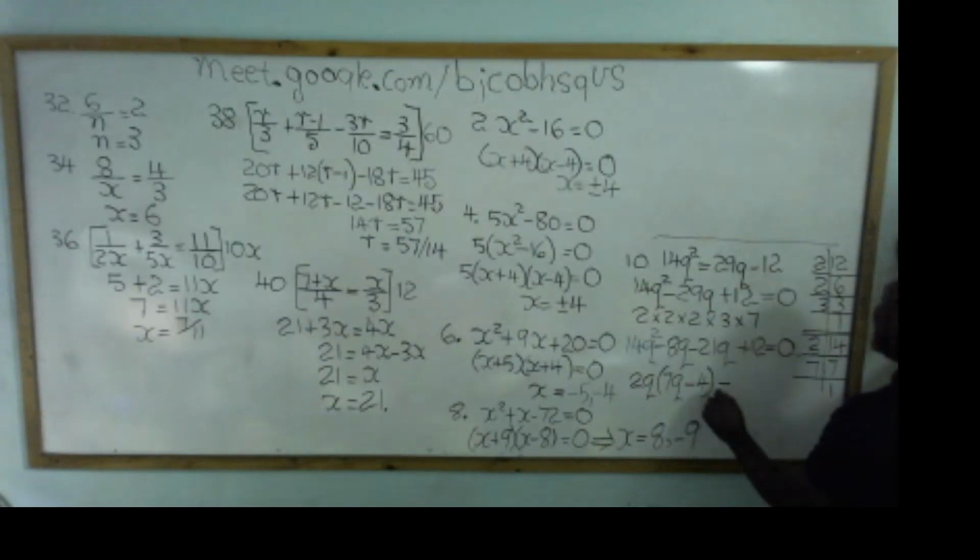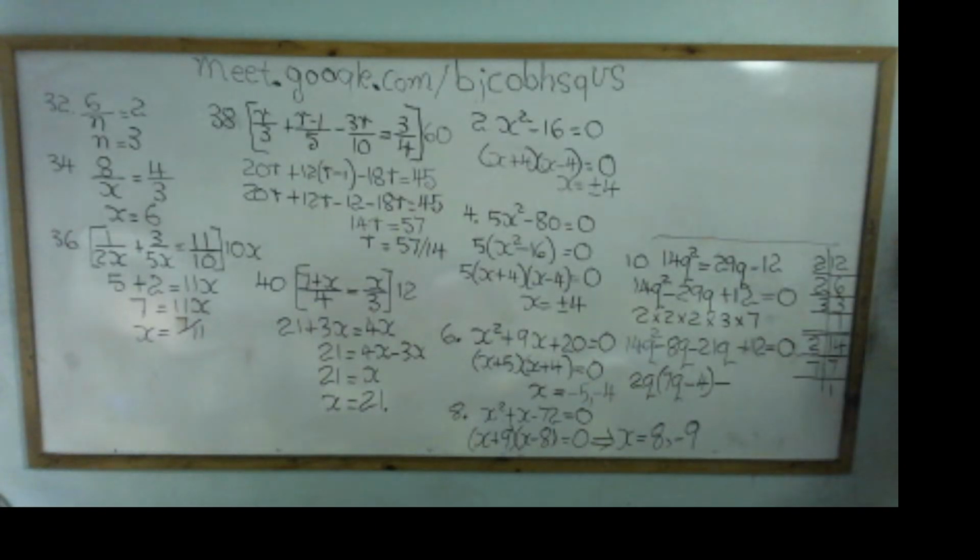Students, don't behave as if we haven't done myriads of factorization by grouping. What's common in 21 and 12? That's 3. 3 into 21 is 7, negative into positive is negative, and 3 into 12 is 4. And of course, that is equal to 0.